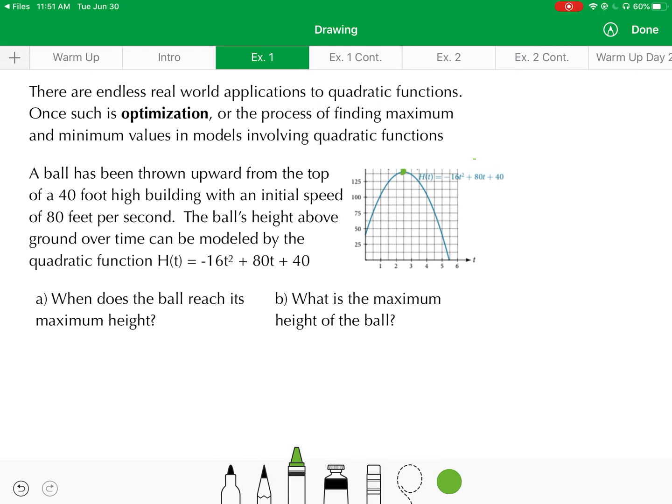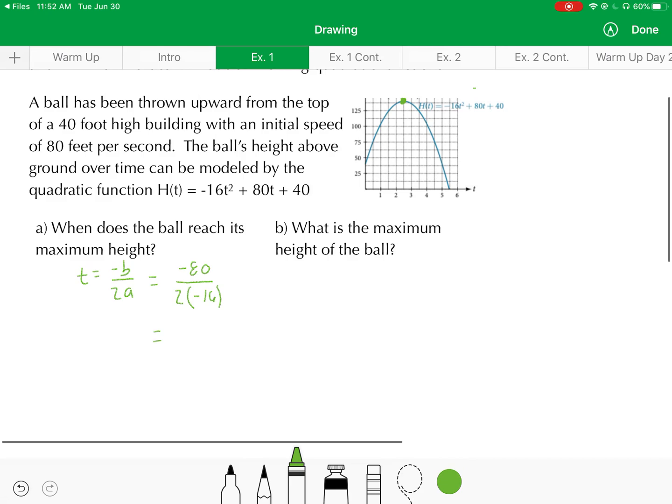Part A, they're saying when does the ball reach its max height? So they're asking for a time here. Instead of the x coordinate of the vertex, we'll call it the t coordinate of the vertex. We can find that by simply using the formula t equals negative b over 2a, which would be negative 80 divided by 2 times negative 16.